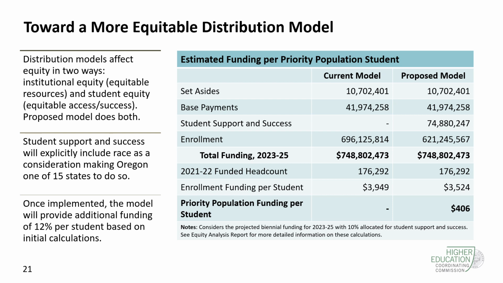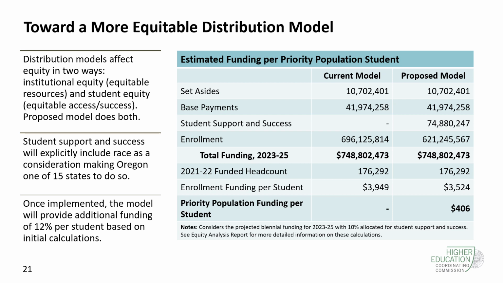Once implemented, this new distribution model will provide additional funding of about 12% per student based on initial calculations. And that calculation is included in the table on the right-hand side of this chart, where we see that the enrollment funding per student under the current model is about $3,900, and under the proposed model using current data, it would drop to $3,500.